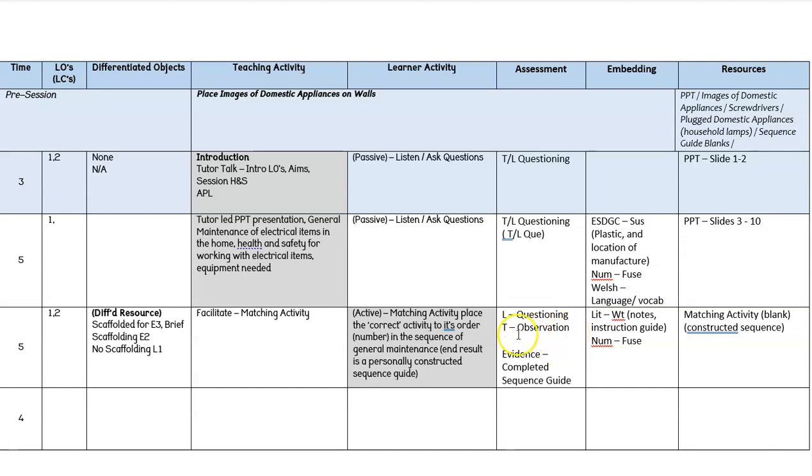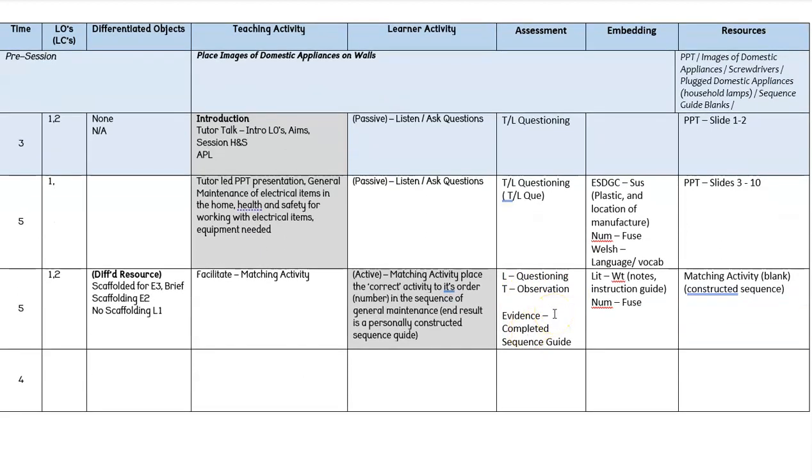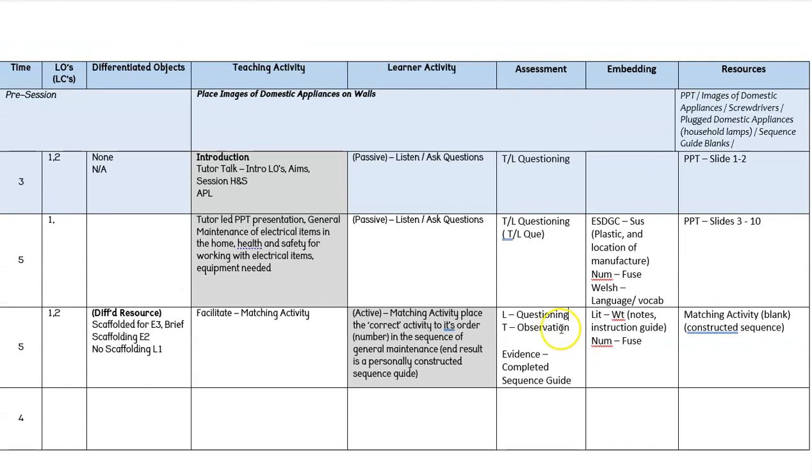So your method is likely to be observation. But also, we've got something that's really nice here in the observation, because those who are formative so far, evidence. So we've got some good summative assessment evidence being drawn here in the fact that we now have the completed sequence guide. So is that sequence right? Here's evidence that we can show our internal and external quality people.